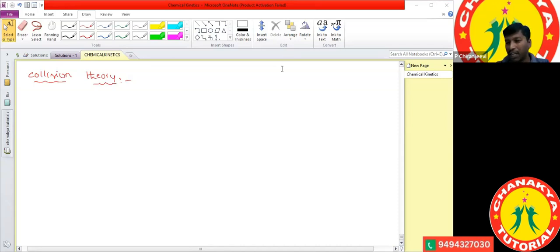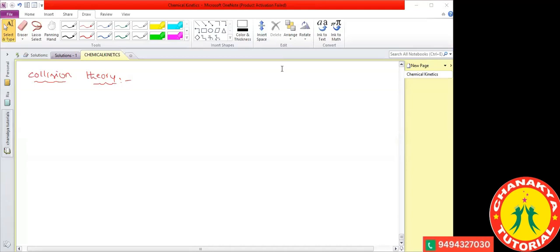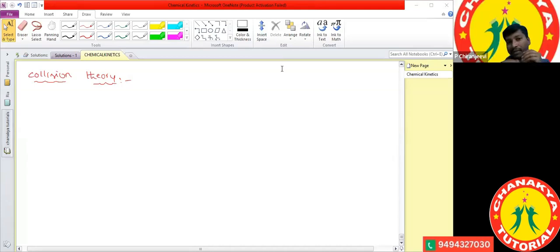Did you study the states of matter chapter? The kinetic molecular theory of the gases is one concept we have. Ritu, did you study it or not? Kinetic molecular theory of the gases.